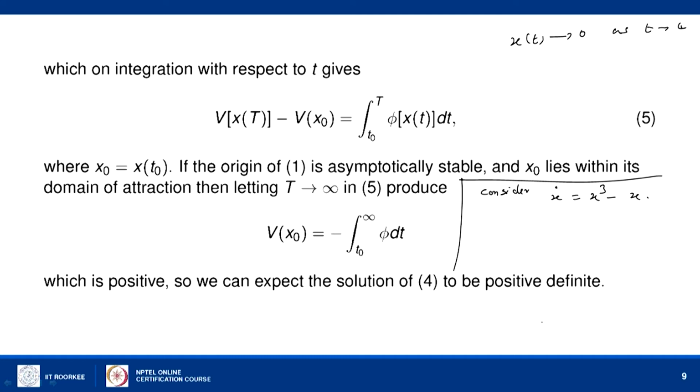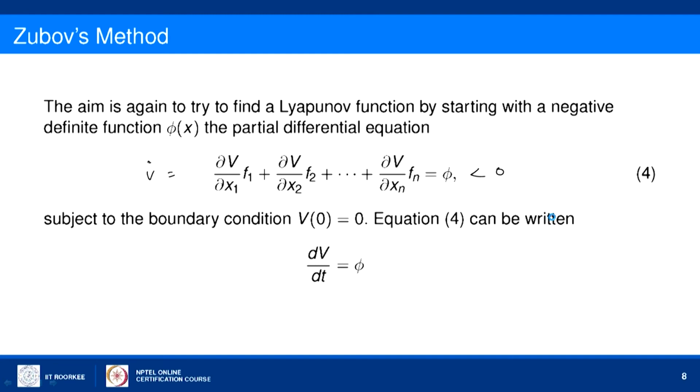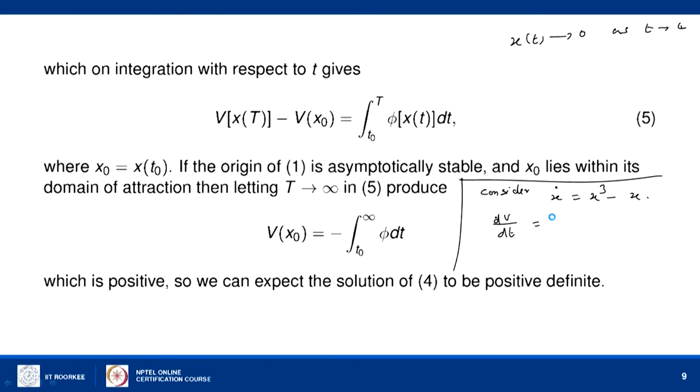But using this procedure, we will write the equation dV by dt, making use of V dot equal to phi. Let us assume any negative function, say minus 2x square. It is an arbitrary choice; it is always less than 0 except at x equal to 0.